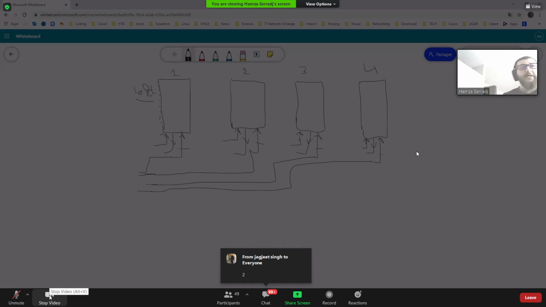So the address here will not be just 10. It will be 10 plus the 2 bits, where I can describe this chip by 00, this one by 01, this one by 10, and this one by 11.